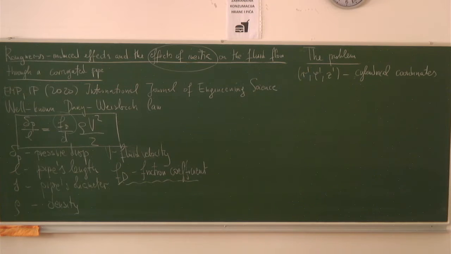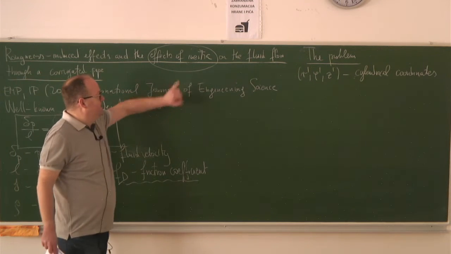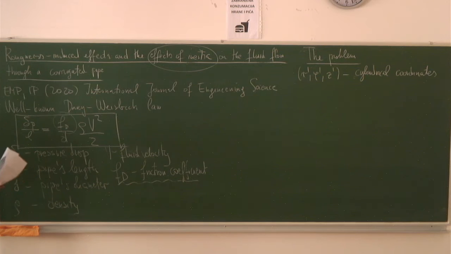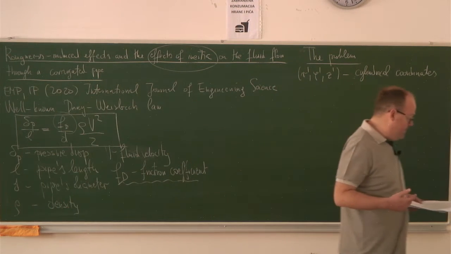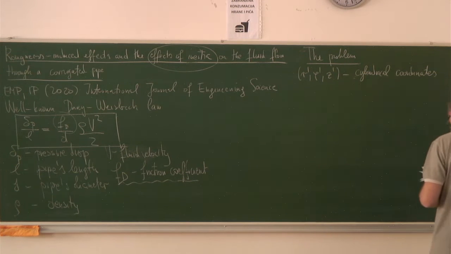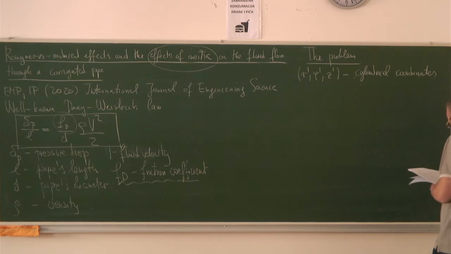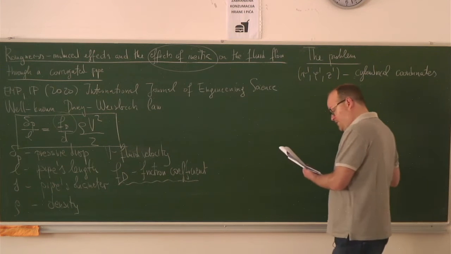Besides that fact, we want to explore the effects of inertia. That means that we want to explore the effects of the magnitude of the Reynolds number on the flow. And that's why we have to perform our analysis on dimensionless equations.